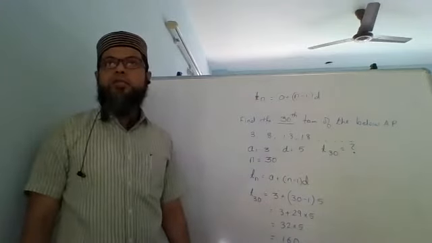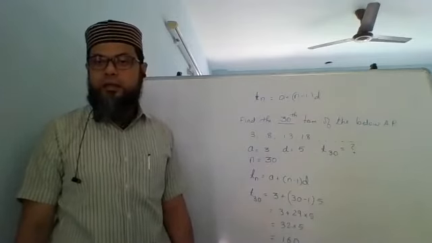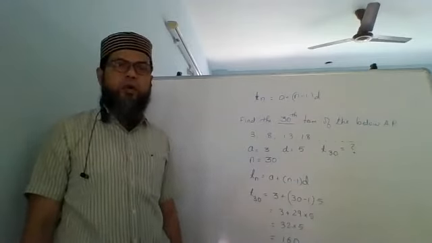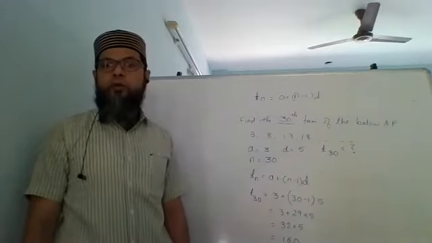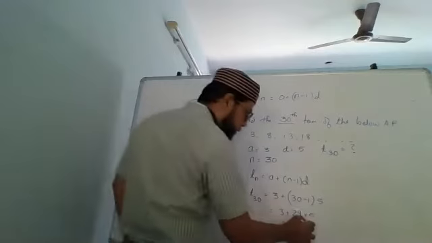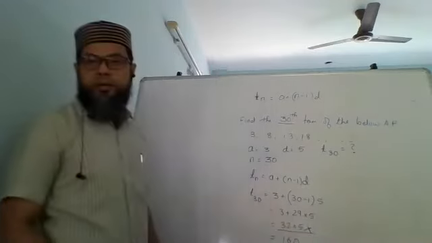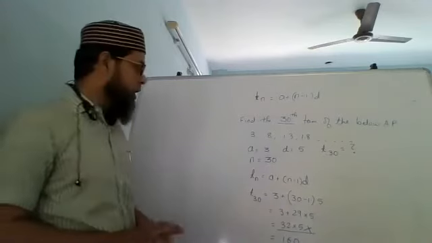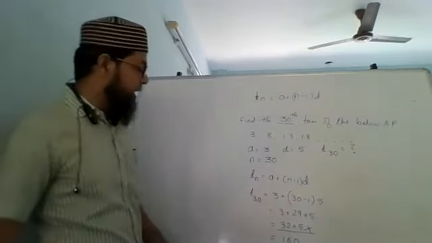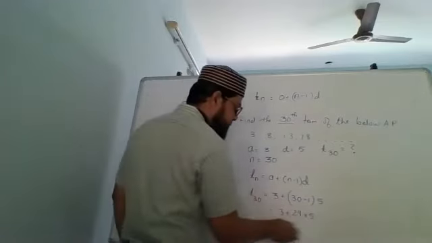Why? Because we made an elementary mistake. What is that? We did not follow BODMAS. This step is wrong. You cannot add 3 plus 29. First you have to multiply and then add.